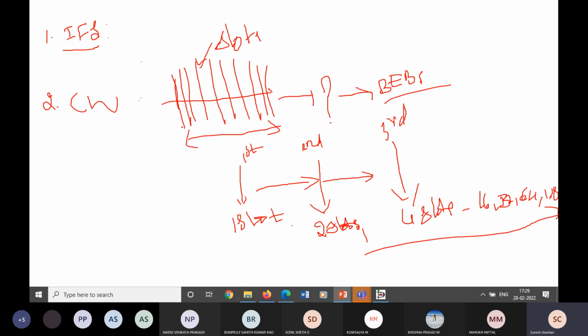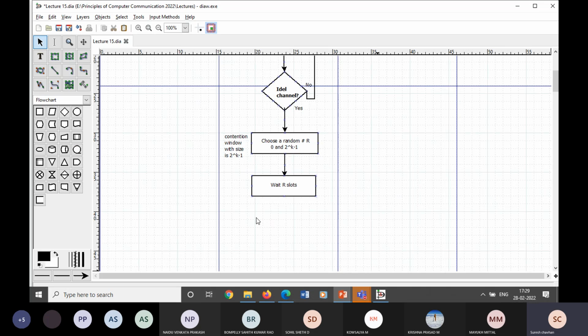How many slots we will get, the range will be 0 to 2 raised to K minus 1, chosen by the random number R.